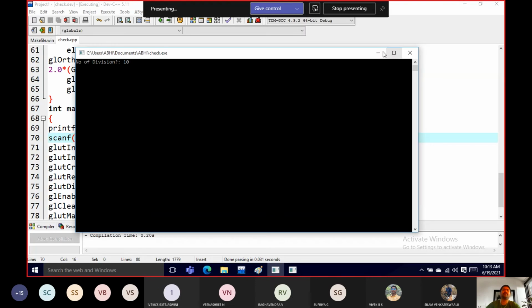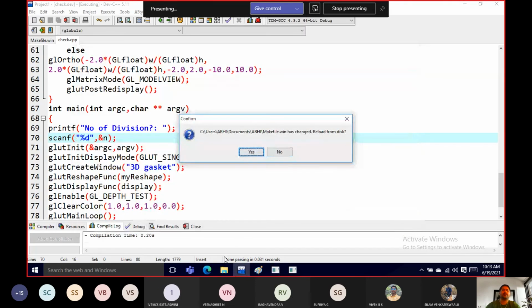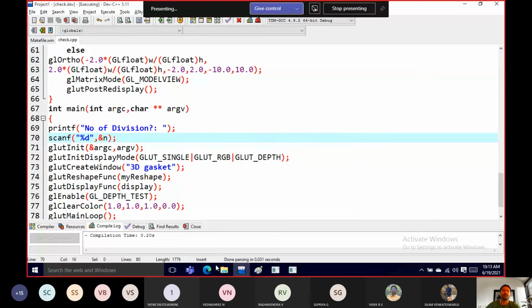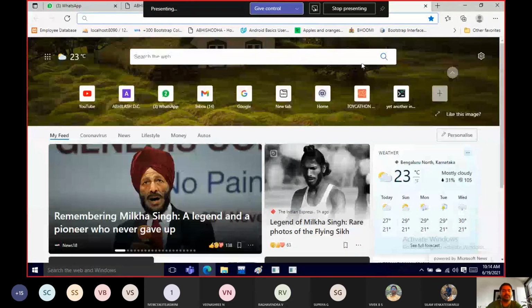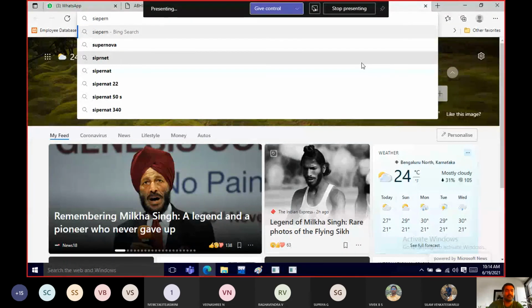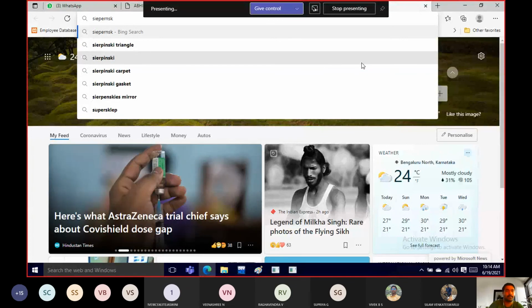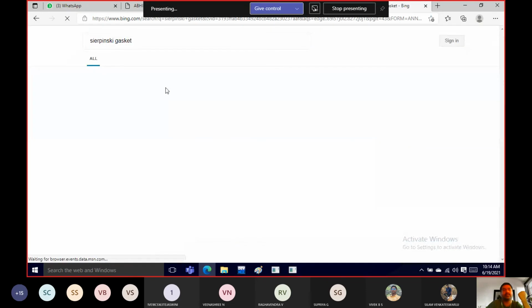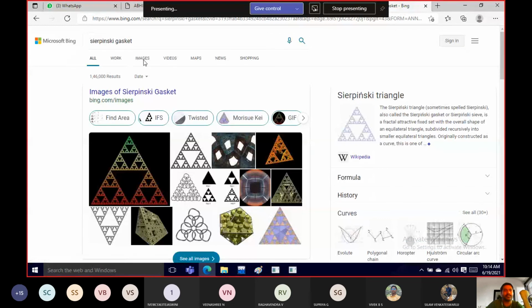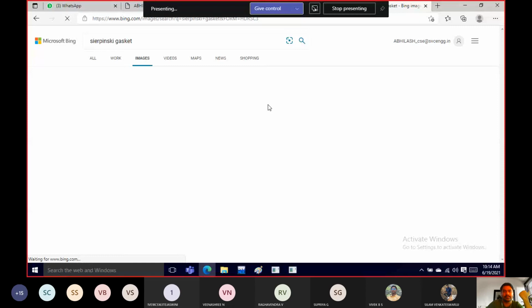Try it out with many more programs. I'll just show you the Sierpinski gasket. How beautiful they are, right? So with the images, I'll just go with the images.